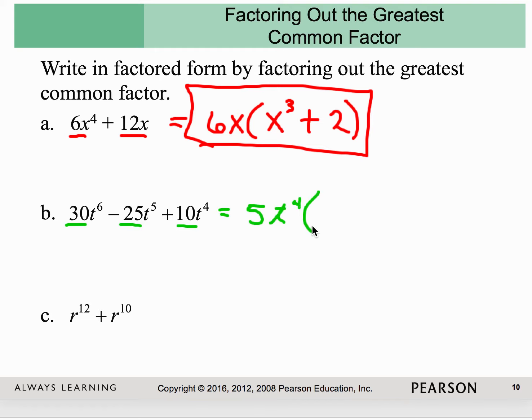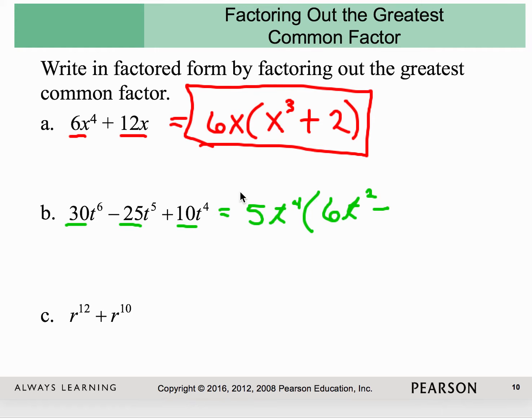Then you put your parenthesis after you have your greatest common factor, and your remaining factors go inside the parentheses. So 30 divided by 5, or factoring a 5 out of 30, leaves a 6. t to the 6th divided by t to the 4th, that's going to leave 2 t's, right? Or if you factor 4 t's out of t to the 6th, it's going to leave t squared. There's a minus sign, so that stays a minus.